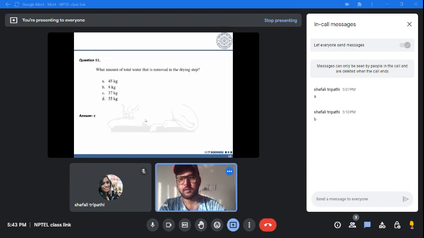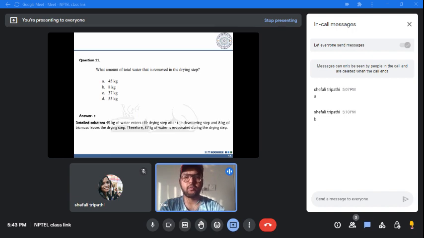So 45 kg of water enters the drying step after dewatering, and 8 kg of dry leaves remains, that is your solid biomass. So the remaining will be the water removed. So 45 minus 8, that will be 37 kg of water evaporated during the drying process. So that is your correct answer for this question.